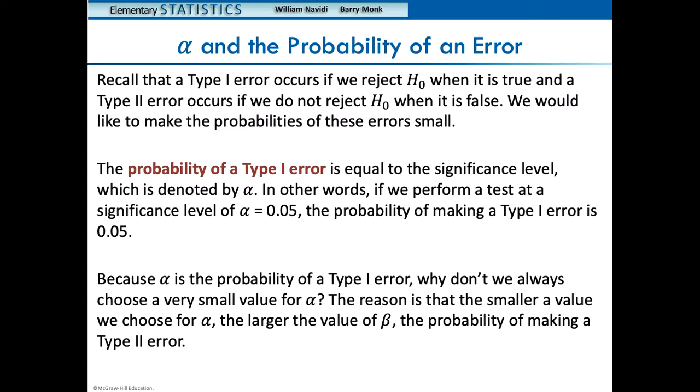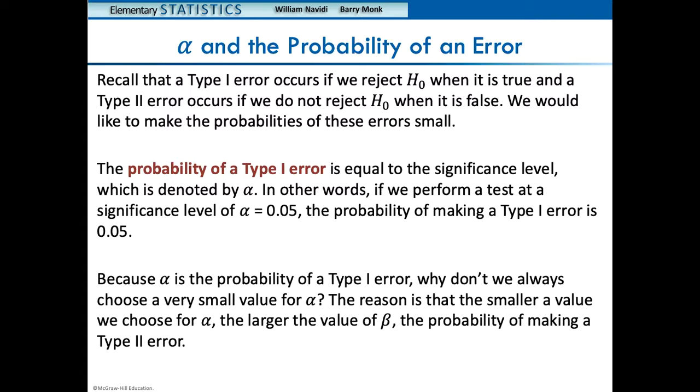Now, obviously, making errors is not desirable, right? We don't like to commit errors, but there's no way to completely eliminate the possibility of making an error. However, we can control the probability of making an error. That's something that we do have control over.